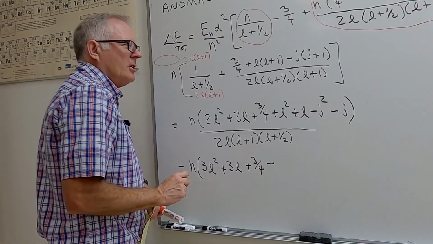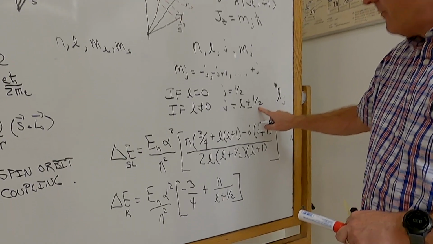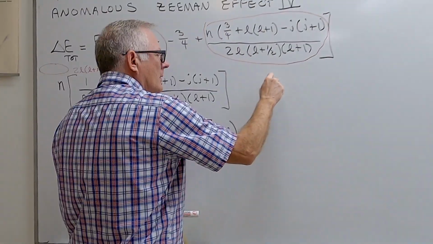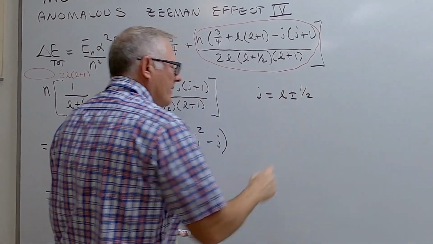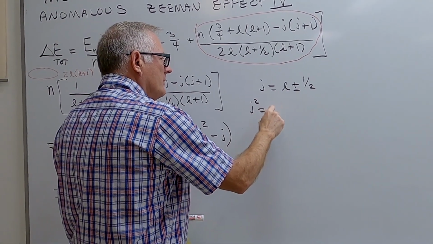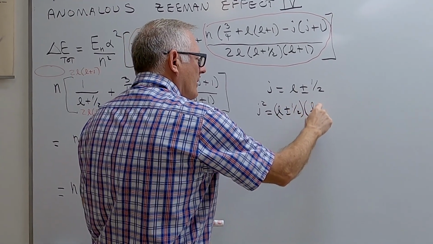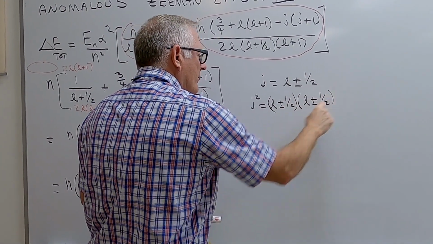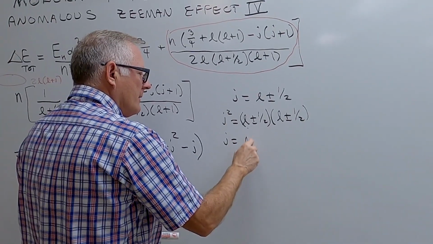minus J squared. Remember, the definition of J is L plus or minus a half. So if J is equal to L plus or minus 1/2, then J squared is equal to L plus or minus 1/2 times L plus or minus 1/2, which is equal to L squared.